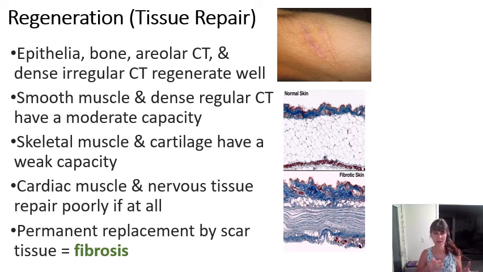And when we have cells that can't regenerate, they are replaced by scar tissue, which is fibrotic tissue. So we have fibroblasts replacing where the cells would have been with fibers, and that is the process of fibrosis or creating scar tissue.